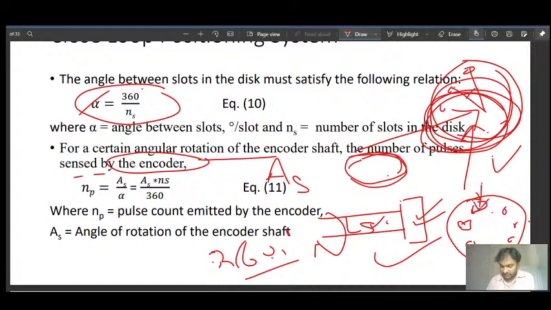Whenever one slot comes, one pulse is counted. So if 360 degrees is rotated, ns pulses will be counted.